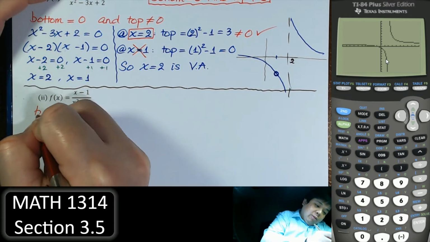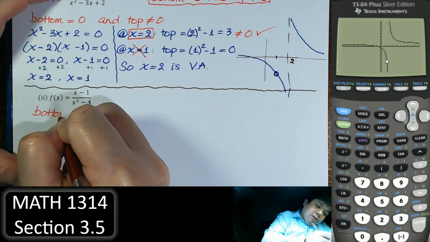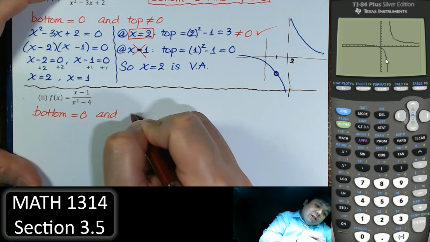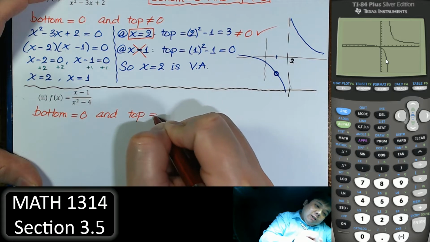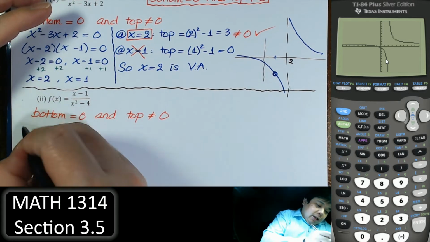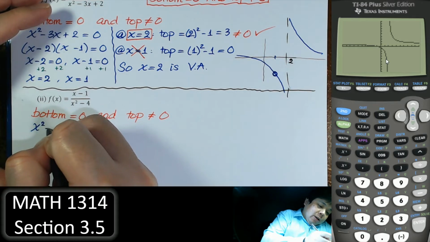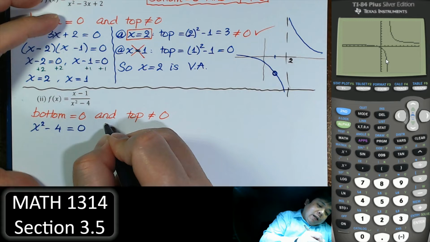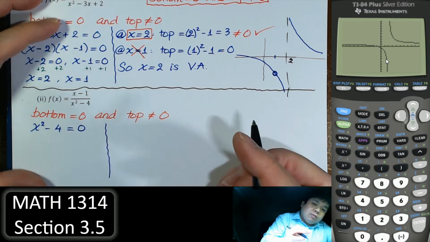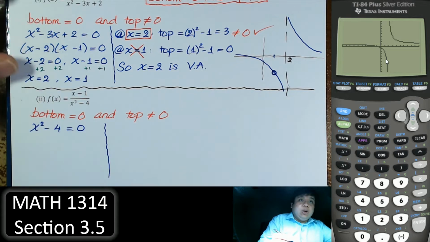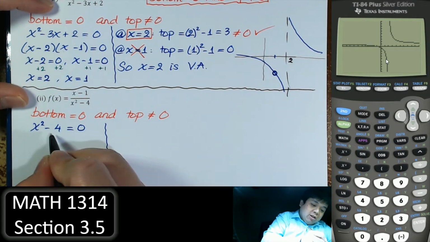So here we let the bottom equal to 0 and we make sure that the top is not. So x squared minus 4 equal to 0, and then the top is not equal to 0. In this case we do not need to factor.